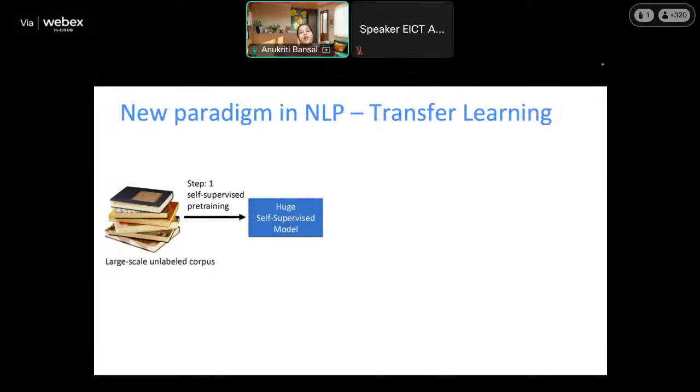So if I talk about the current paradigm in natural language processing, our model is trained with a huge corpus of unlabeled data. Okay, so here, unlabeled data.